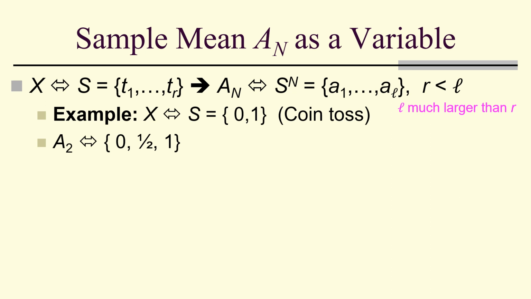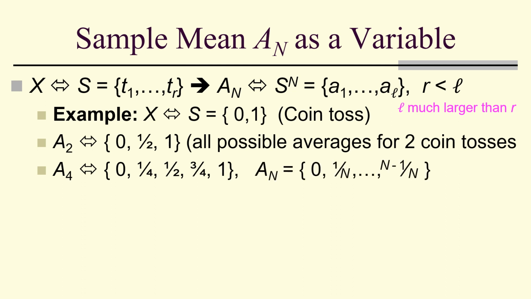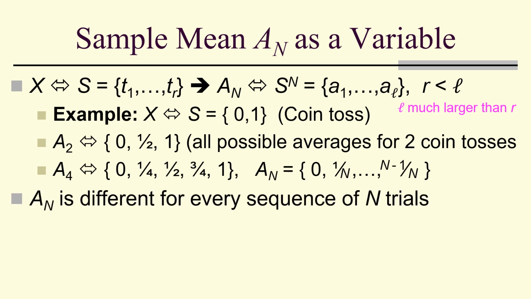Well, you could get both tails, which would be 0, a heads and a tails, which would average a half, and both heads, which would be an average of 1. Same thing, A4 would be associated with all possible averages you could get from tossing a coin 4 times, and so on and so forth.